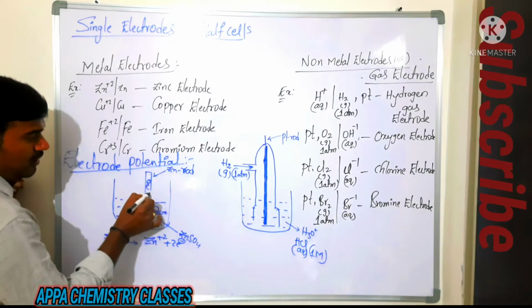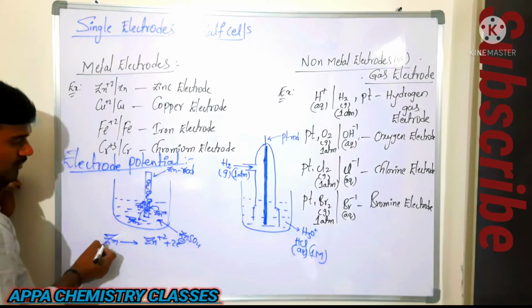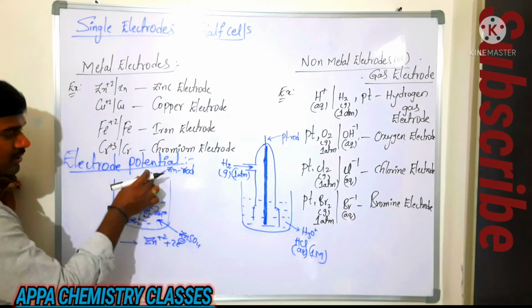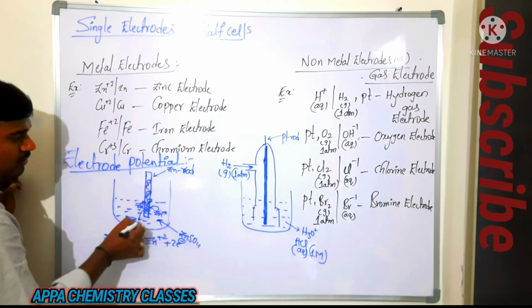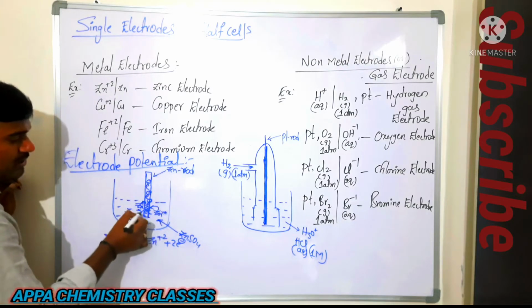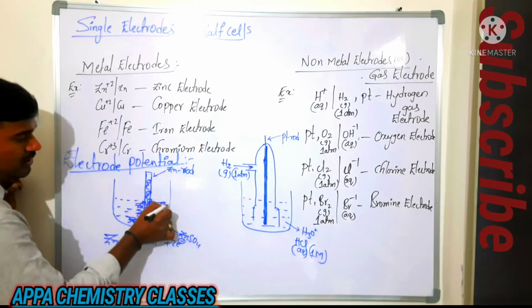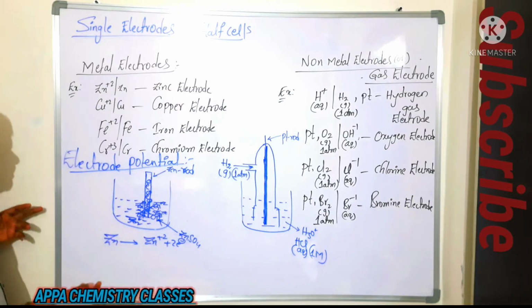Then what happens? Electrons are present in the electrode. The zinc rod is dissolving in it, so electrons are released. Those electrons are accumulated in the metal rod. Now here what happens, in the electrolytic solution, all the zinc ions will be there. All the zinc ions are developed here. So after some time, what happens?